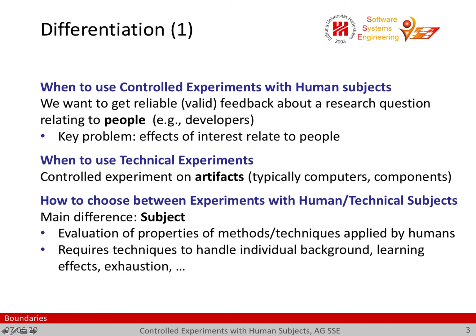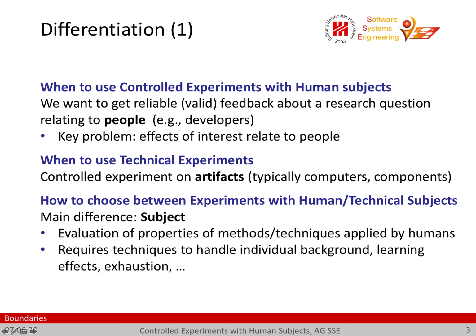Whether it's about some properties of methods or techniques applied to humans. And that also holds if there are technology artifacts in the game or part of the equation. Still, if it's about properties that are related to humans, then we are talking about controlled experiments with human subjects. As soon as we deal with humans, however, we require certain techniques to handle individual differences, like individual background and learning effects.